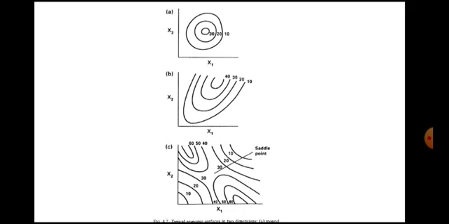So this is how the response surface methodology is useful to determine the exact concentrations of critical variables. Then in further studies, the concentrations of different variables which are showing interaction, which are showing the highest response, can be refined.